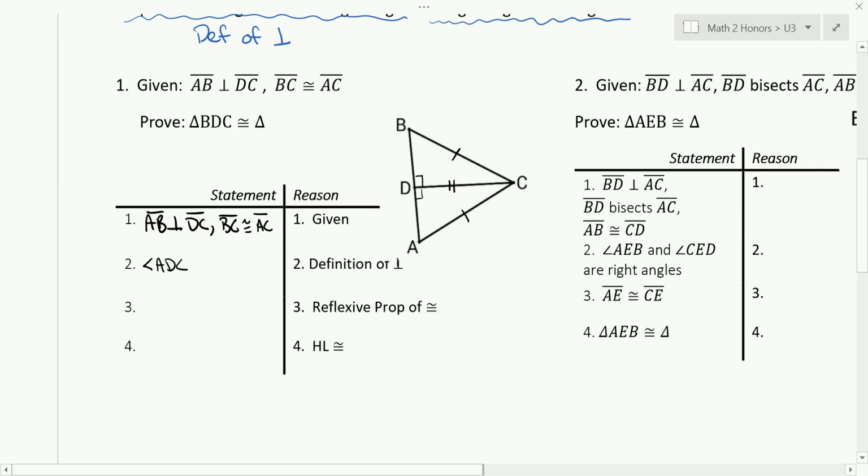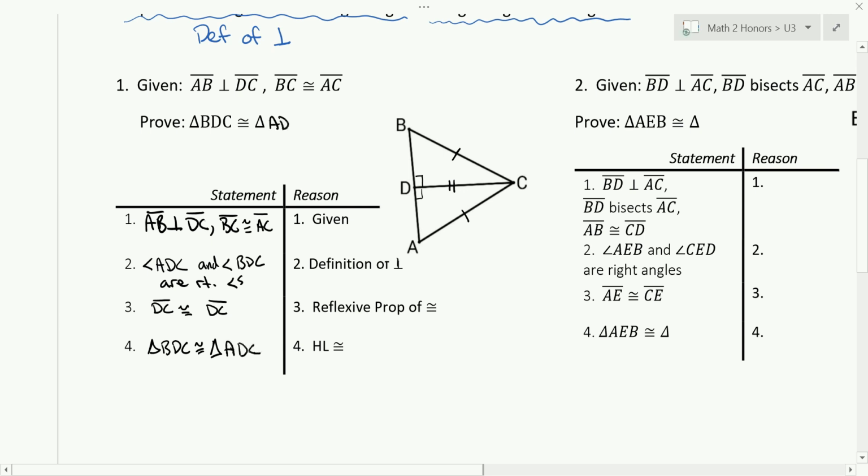No, because that's not the definition. So angle ADC and angle BDC are right angles. That's what you want to put there. And then reflexive property, so that's going to be what? DC congruent to DC. And then you finish off your proof with triangle BDC is congruent to triangle ADC.